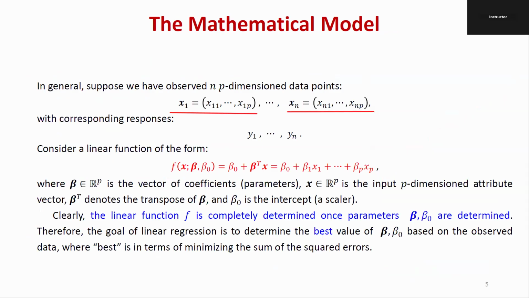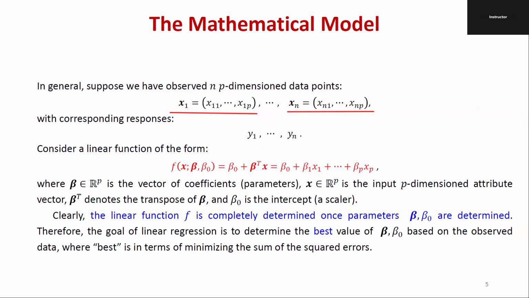Be careful again, each data point has p attributes, for example height, weight, gender, those kinds of different attributes. Each data point has p attributes, so that, for example, x1 is x11, x12, x13, until x1p, and xn will be xn1, xn2, and so on until xnp. With corresponding responses, let me use another color.